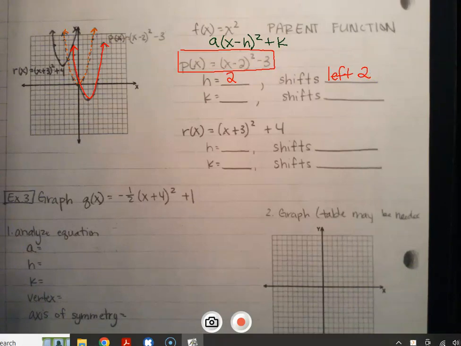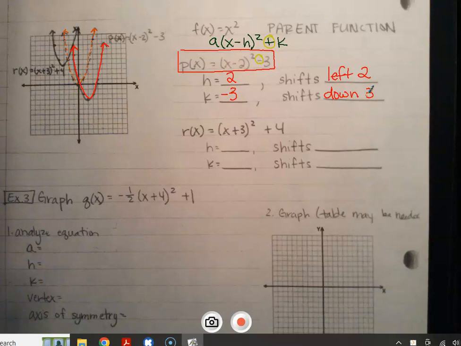Notice, when you're looking, this says minus 3 and this says plus k. You got to watch out for that. So yeah, here our k is negative 3. And k is our vertical shift. So is this going to shift it up or down? Excellent. It's going to go down 3.